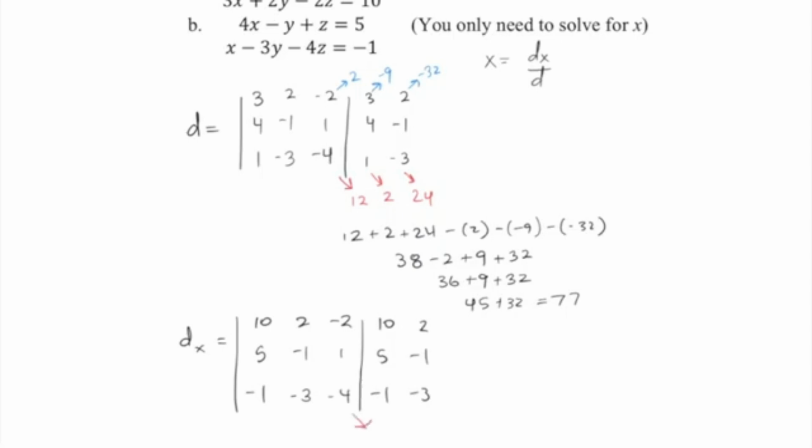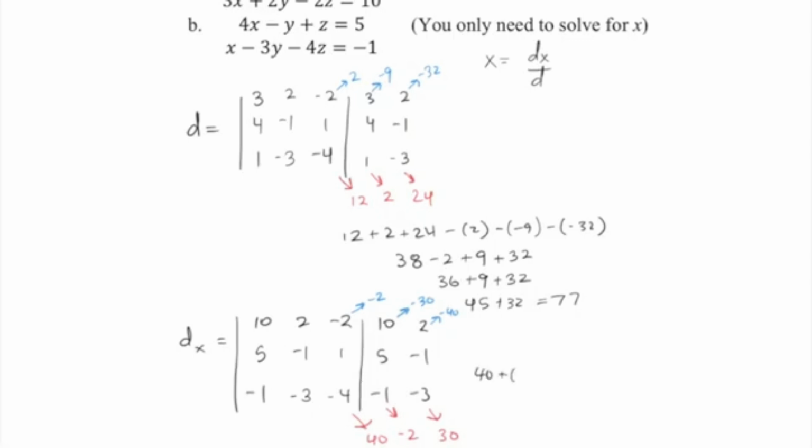And then in that diagonal, 10 times -1 times -4 is 40. In that diagonal, we get -2, and in this one, we get -10 times -3, which is +30. In this diagonal, we get -2, and that one, we get -30. In this one, we get -40.